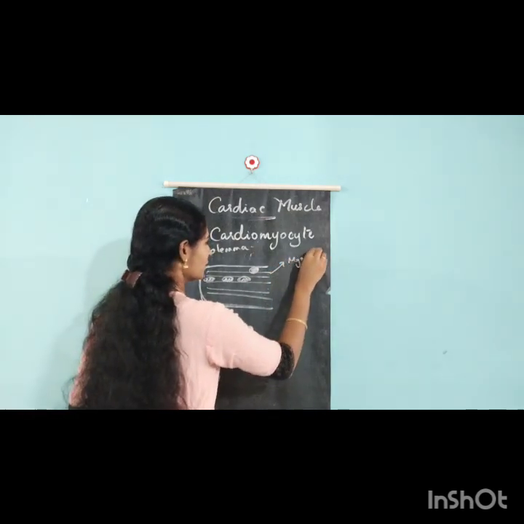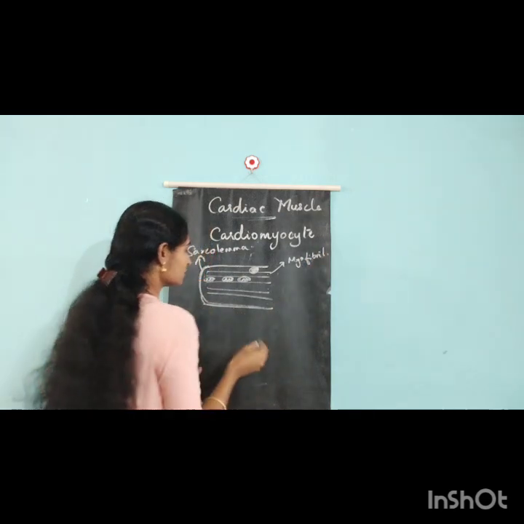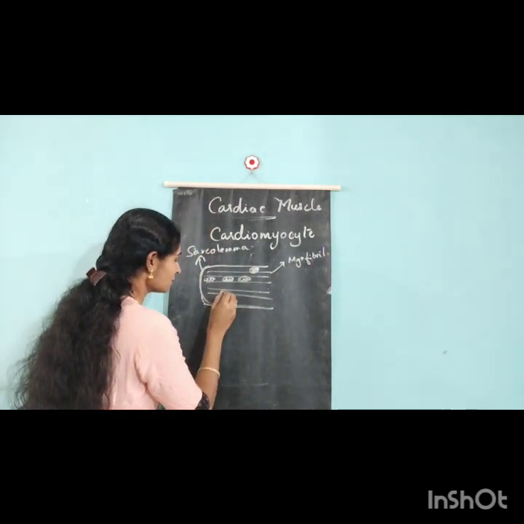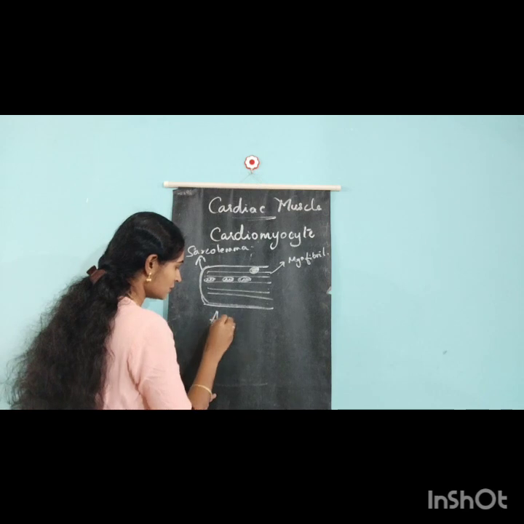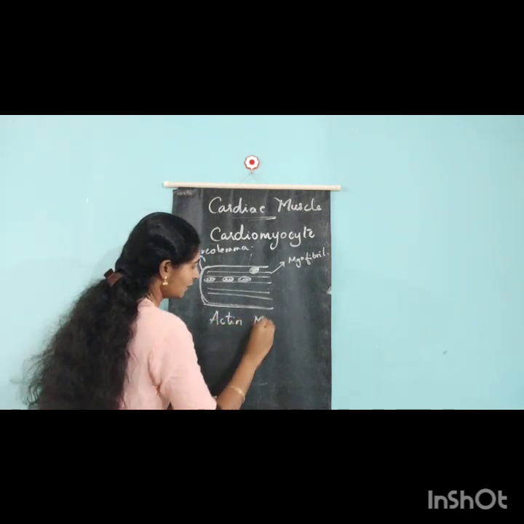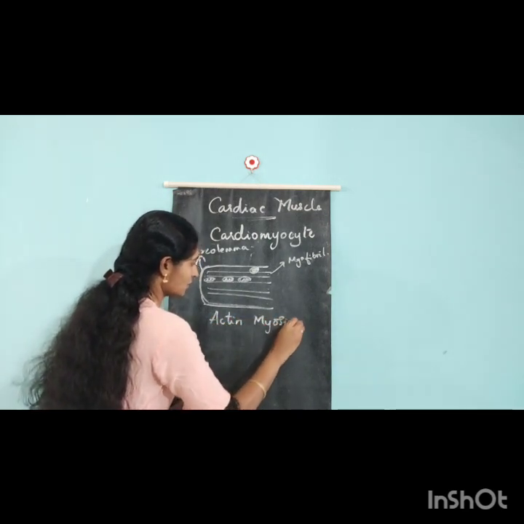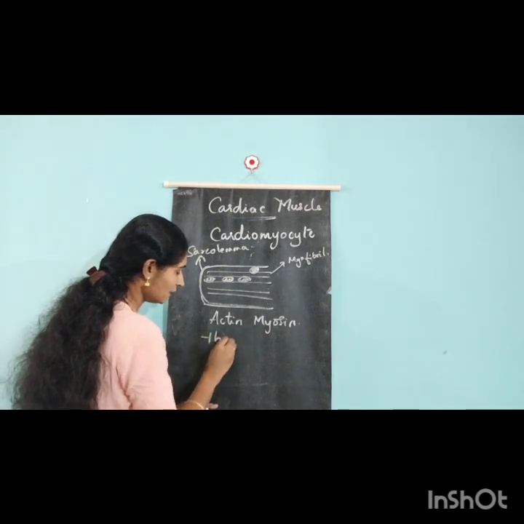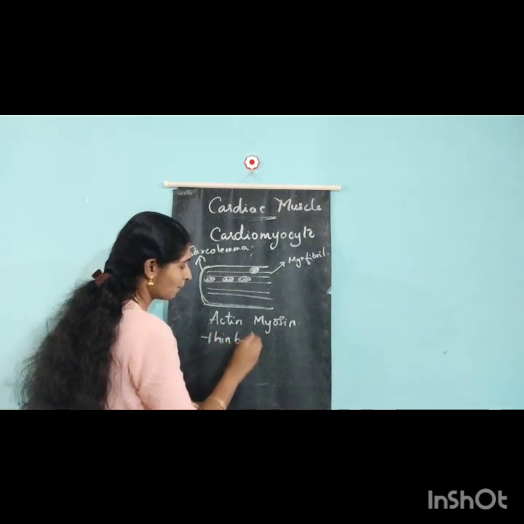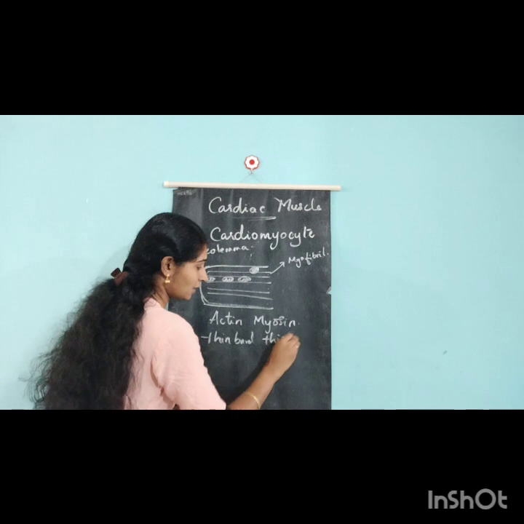How does the myofibril is present, or what is the structure which is present in the myofibril? That is actin and myosin. Actin is a thin band. Myosin is a thick band.